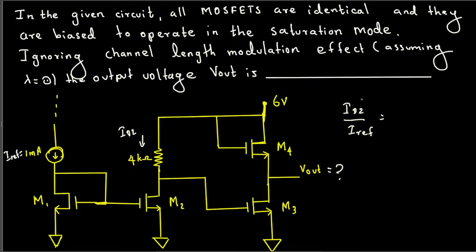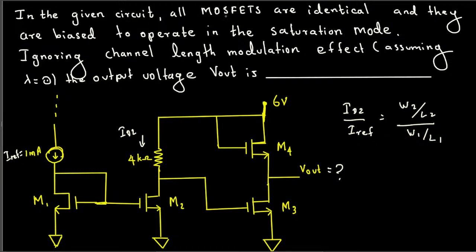So here ID2 has a width over length ratio, that is W2 over L2. In this way I can reduce one more step. W2 over L2, and then I reference has W1 over L1.